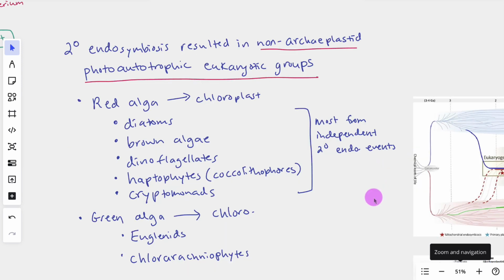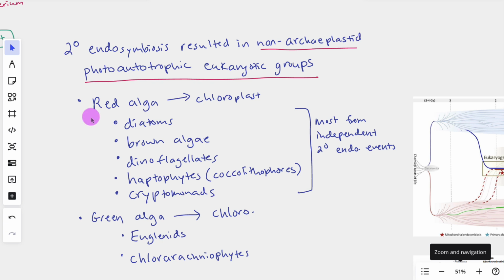The groups that result from secondary endosymbiosis, I mentioned they're the non-archeplastid lineages. We can even say non-archeplastid photoautotrophic eukaryotic groups. Essentially, they're the ones with chloroplasts that are not glaucophytes, red algae, green algae, or land plants.